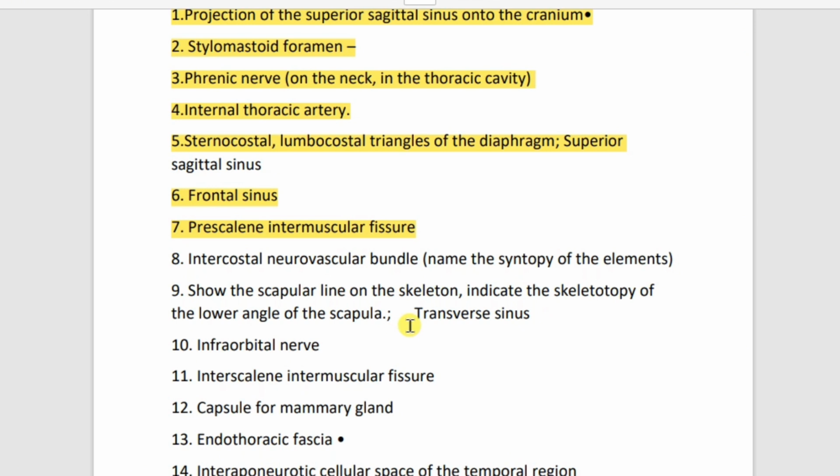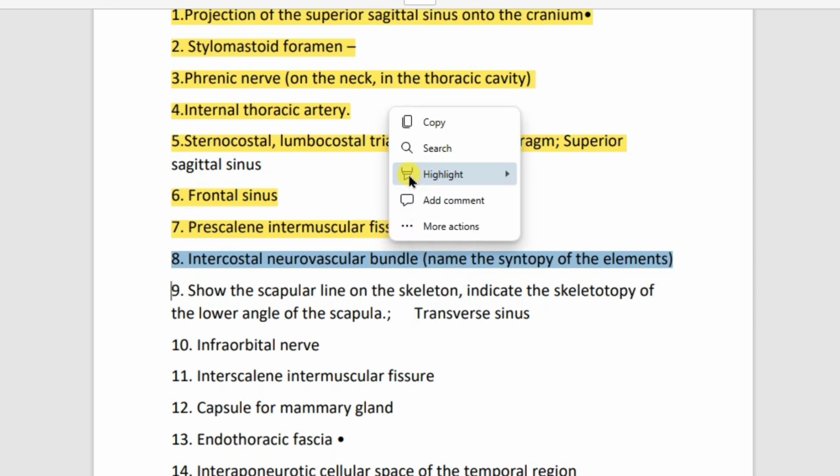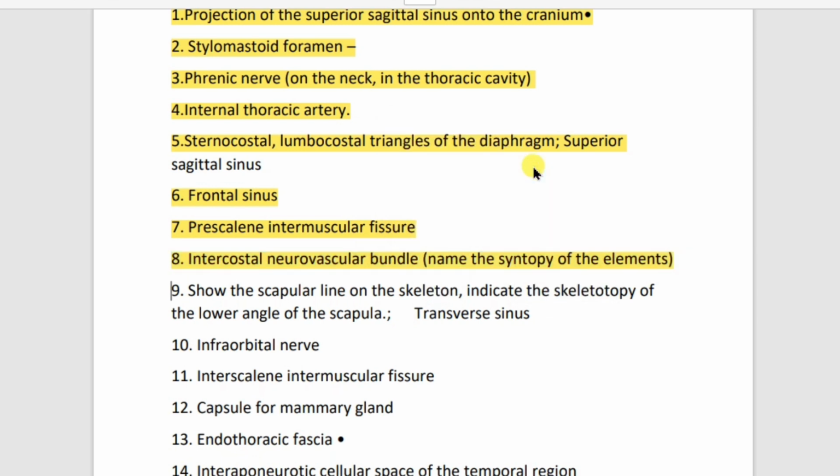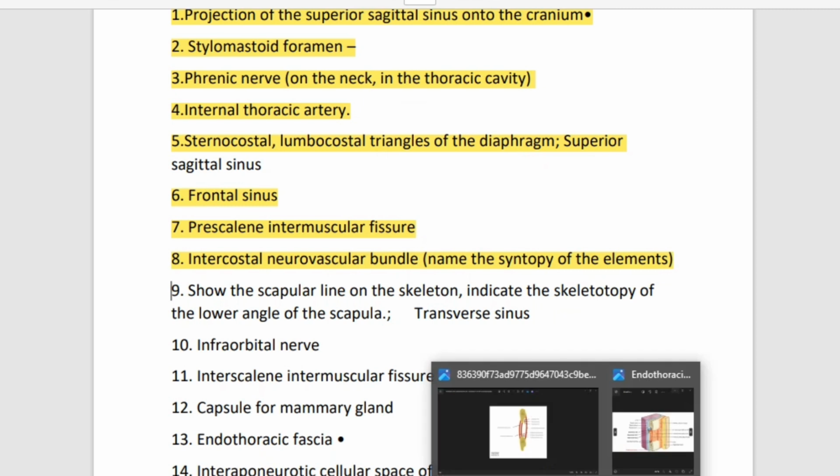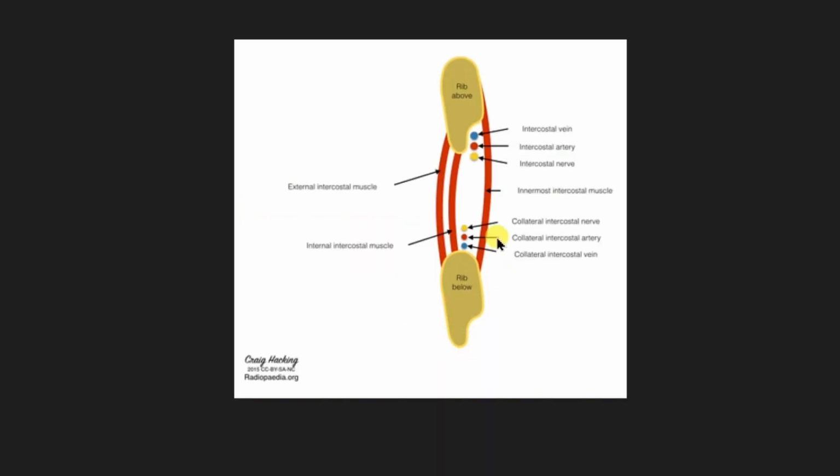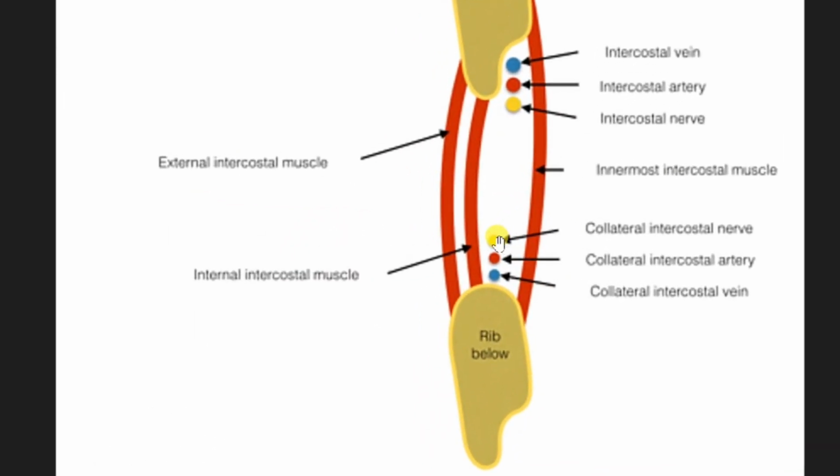So guys, the next structure we have here is the intercostal neurovascular bundle, and you also have to name the syntopy of its elements. So have a look at this picture. As you can see here, this is a neurovascular bundle.